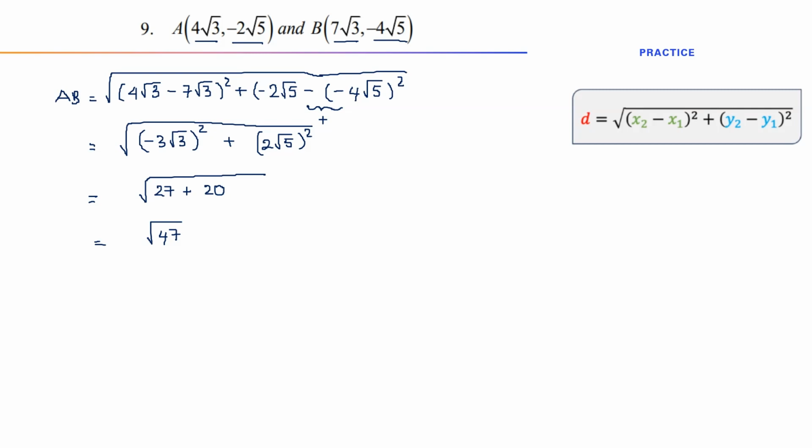So let's talk about some common mistakes for this type of question. The midpoint is x1 plus x2 divided by 2, y1 plus y2 divided by 2, right? So people usually get the inside here as positive as well.